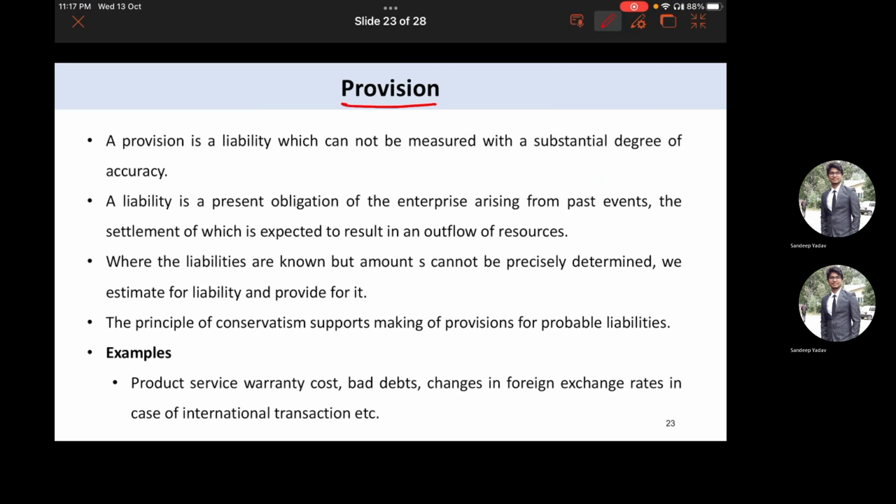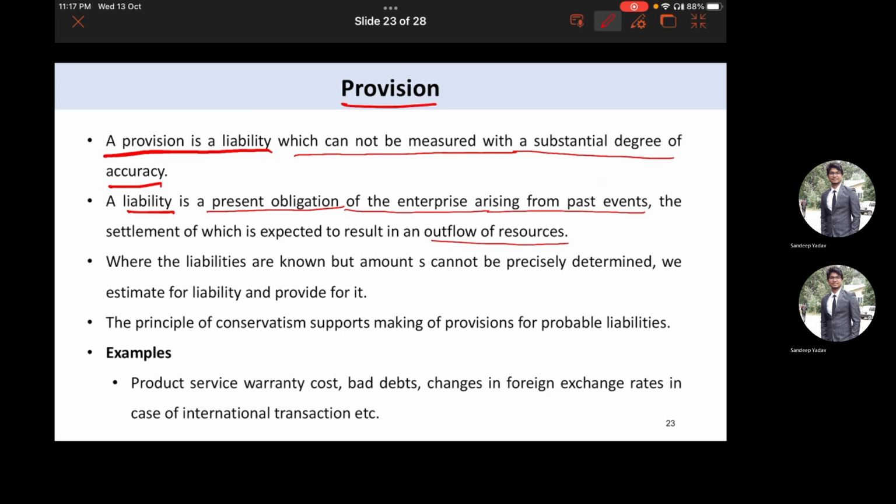So provision is a liability which cannot be measured with a substantial degree of accuracy. Now we have to learn what a liability is. A liability is a present obligation of an enterprise arising from past events, the settlement of which is expected to result in an outflow of resources.